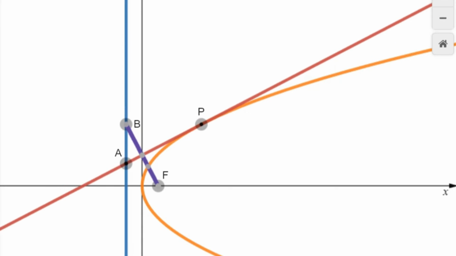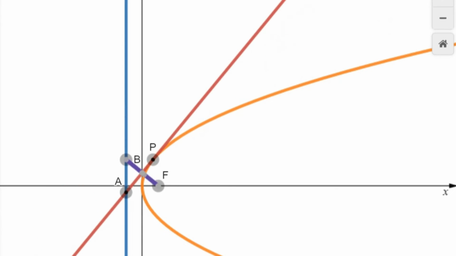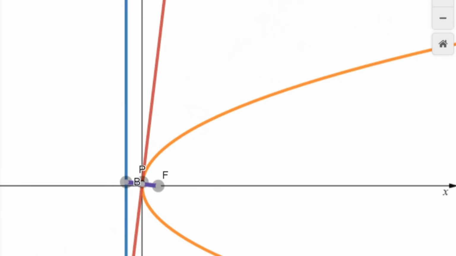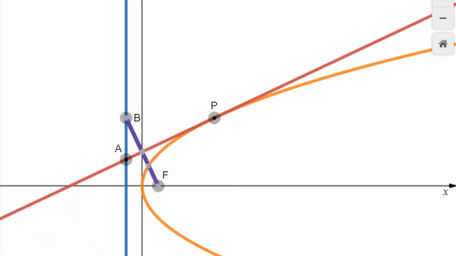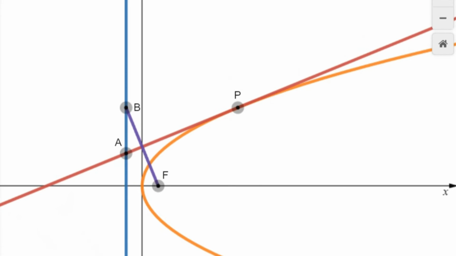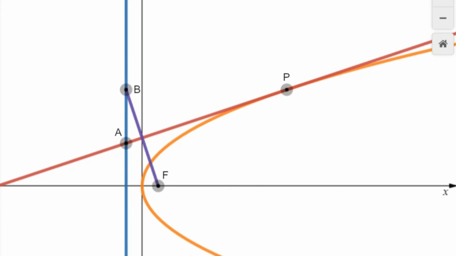So what you can see here is as q varies, this point of intersection, which is here, is always along the y-axis, and that's exactly what we need to show.